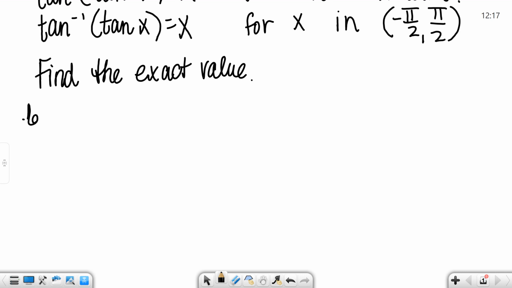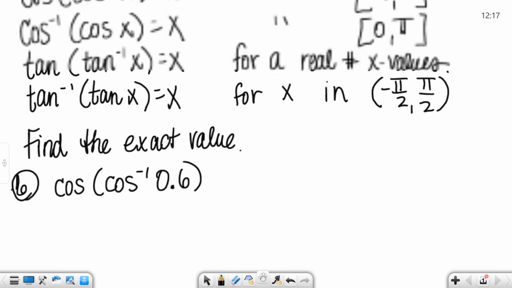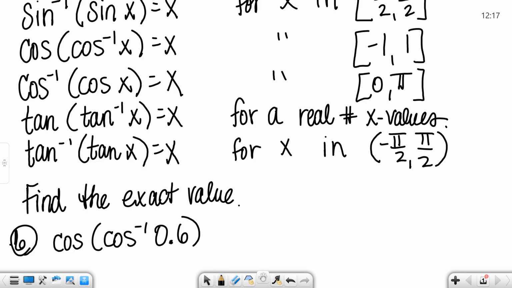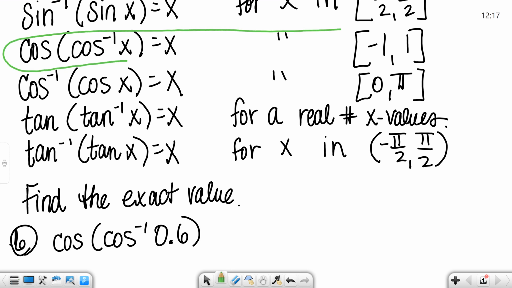All right, let's start with the cosine of the inverse cosine of 0.6. Okay, so I have to go back up to that interval. I'm not going to keep pulling it down. You should have this beside you. But I'll go back to this interval where it says cosine of the inverse cosine. Let me use a color so you can see it.